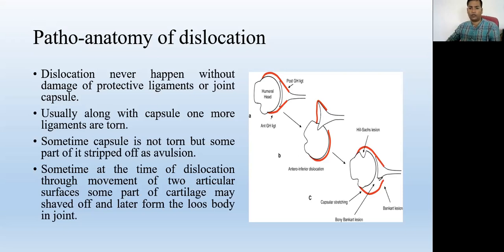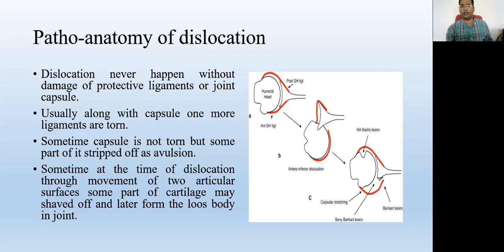Sometimes, due to severe trauma, the two articular surfaces get dislocated, and due to the movement of these articular surfaces, some part of the articular cartilage gets stripped off, detached from the major articular cartilage.